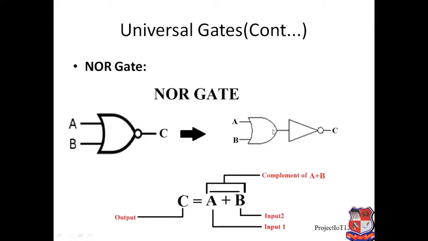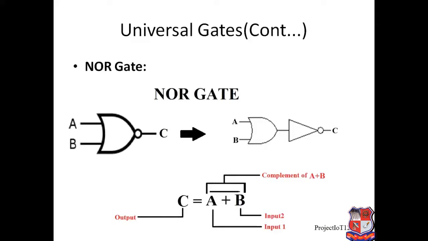Here you can see that A and B are the inputs of my OR gate, and the output of the OR gate goes to the input of the NOT gate. What is the output of the OR gate? If A and B are my inputs, then the output of the OR gate is A plus B. Now this A plus B goes into the input of the NOT gate, and you know that the output of the NOT gate is a complement of the input.